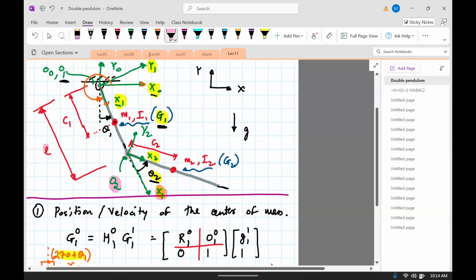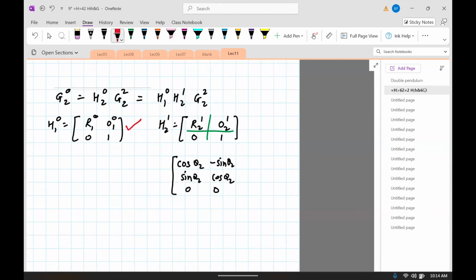You can see that the distance is simply L along x1, and the y distance is 0. So we have L, 0, and 1. Okay, so far we've got this quantity.